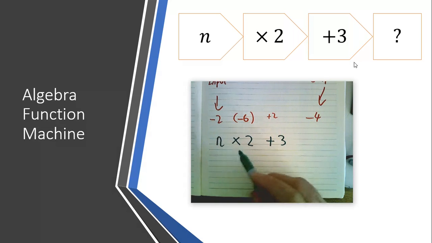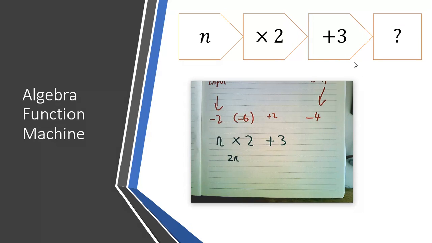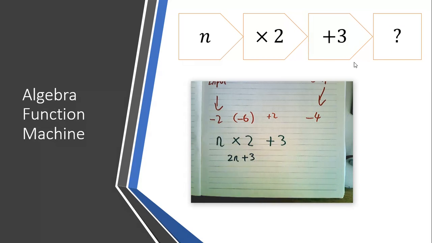When you times an algebraic term, like a letter, by a number, we can just write it like this, as 2n. Okay, so if I've got n, and I have two lots of n, I have 2n. And so this entire expression would be 2n plus 3. And again, that's what this means. It means take n, times it by 2, and add 3.